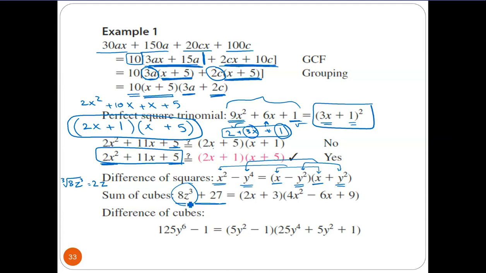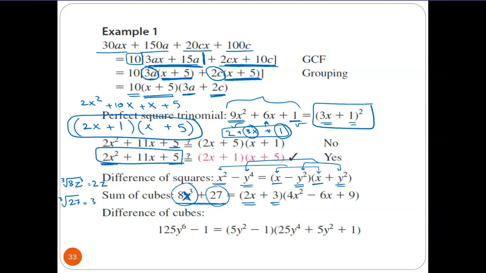Now the first term is 2z, and the second one, the cube root of 27, equals 3.